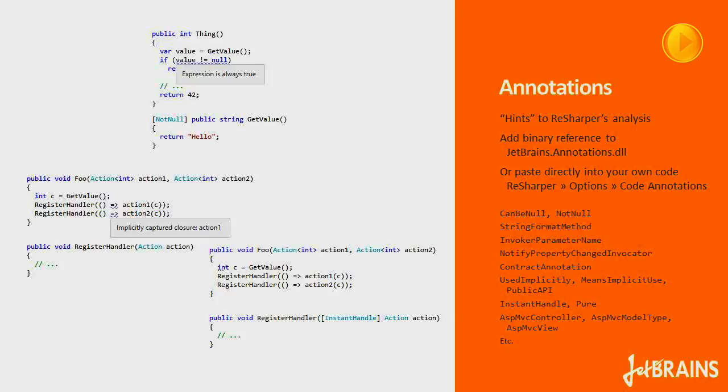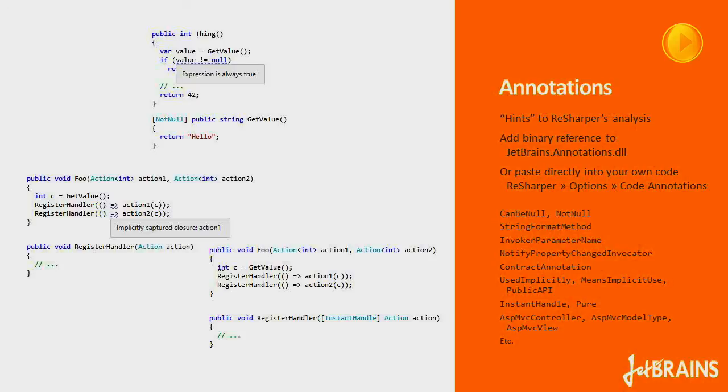There are plenty of other annotations available, from can be null, not null, to string formatting. If you give something a string format method annotation, then you get the extra help that ReSharper gives you when using a string.format method, the parameter matching, and the extra completion that you've got there.